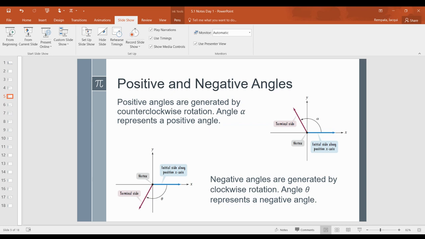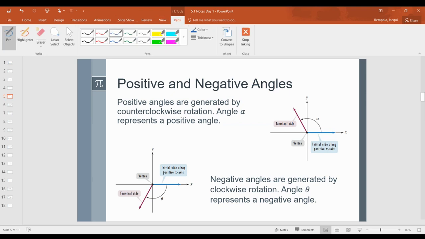In the top right, the picture that I have is actually representing a positive angle. Notice that with the picture, the initial side is on the positive x-axis. Notice the vertex is located in the middle at the origin, and the terminal side could really be anywhere.